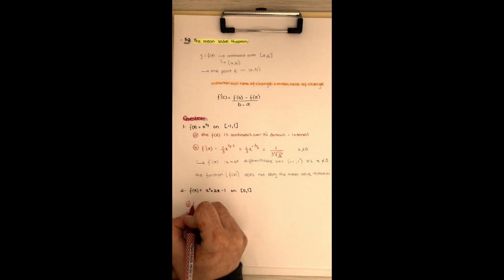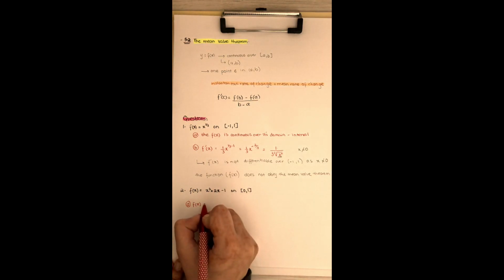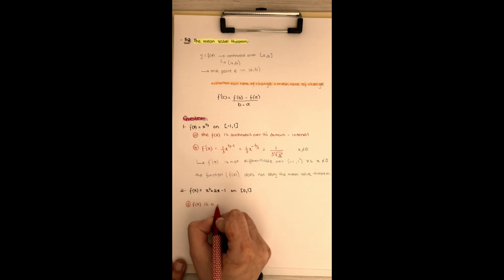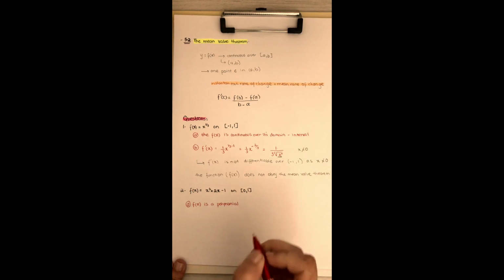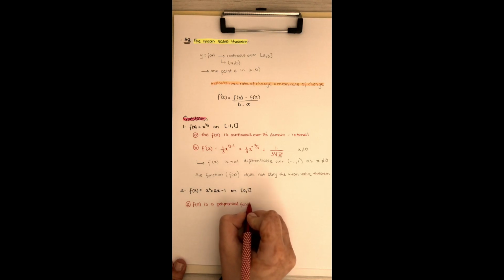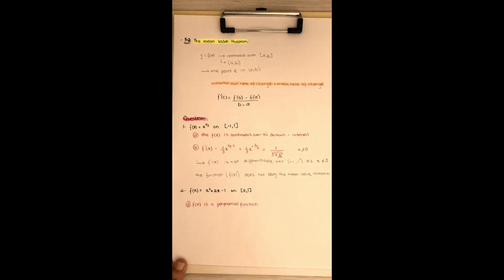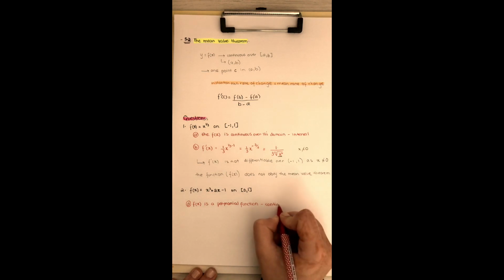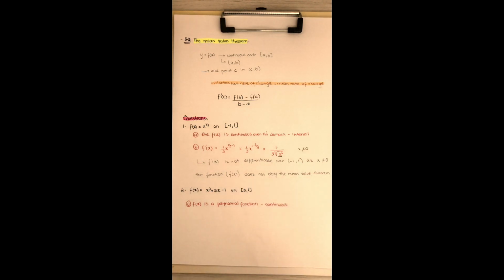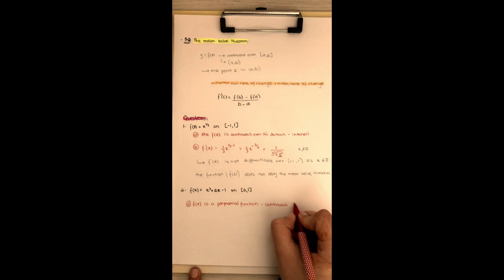Because f of x is a polynomial function, and every polynomial function is known to be continuous over its domain, it is specifically continuous over the interval from 0 to 1.